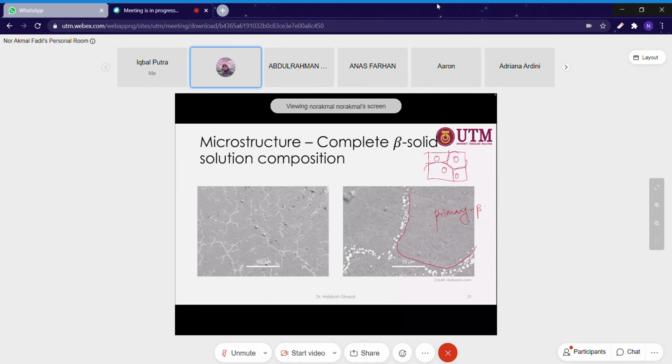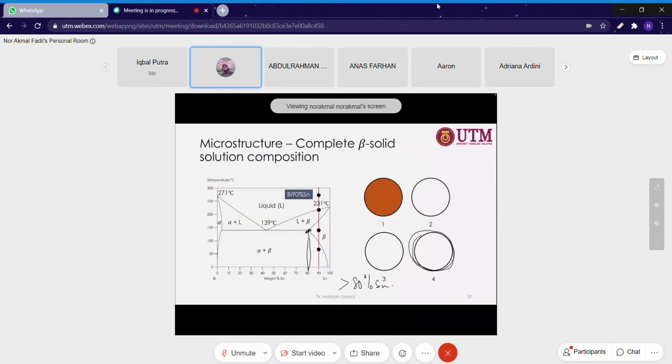So the large grain is basically the first solid to form, which is primary beta. It grows larger and completely forms beta phase. And when it enters this region, another phase will form, which is alpha.